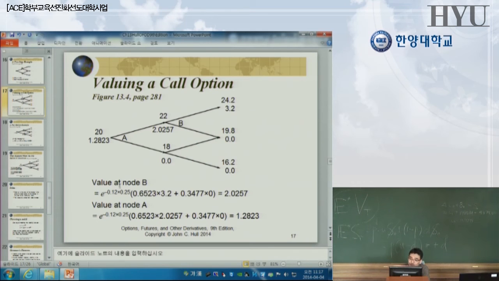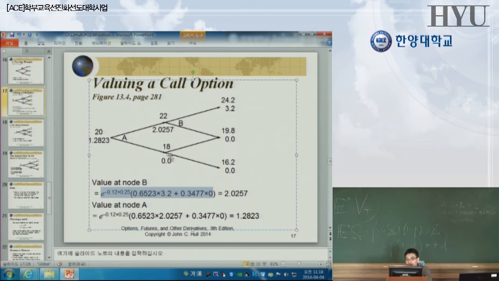We know the risk neutral probability of going up is 0.6523, so we multiply by 0.6523, and the down probability is 0.3477. We take the expected value, and then we have to discount it back with the risk-free rate. So the value of the option at this point is 2.0257.